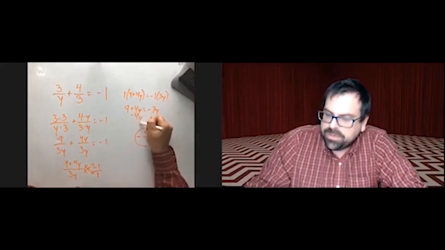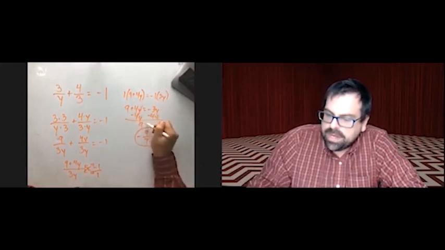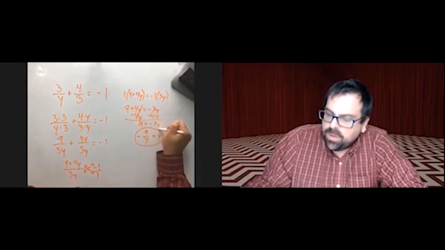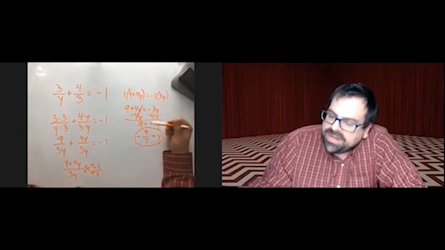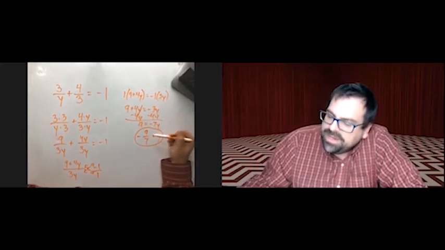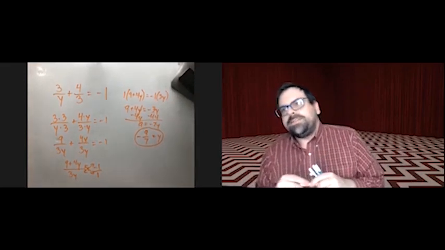Subtract 4y from both sides. 9 equals -7y. Divide both sides by -7. Positive divided by negative is negative. -9/7 equals y. Same answer.